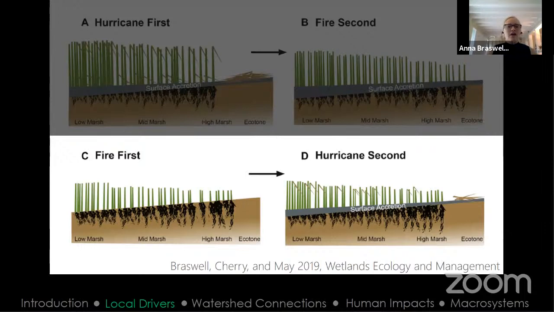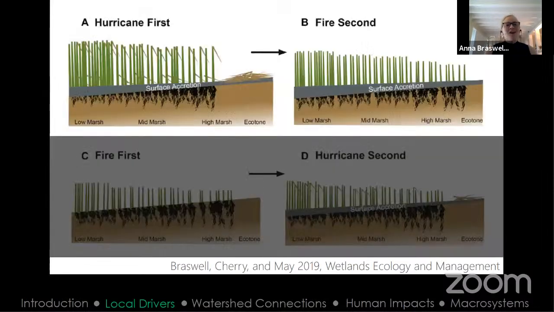And because of the stochastic nature of this study, we really are measuring this first instance. The second was kind of like a thought process, but we hope maybe one day that we would be able to do fire first and hurricane second, but that's not always the easiest thing to predict, like when a hurricane is going to happen. So at the moment we're measuring A and B, and whether that is what we're seeing in this study.